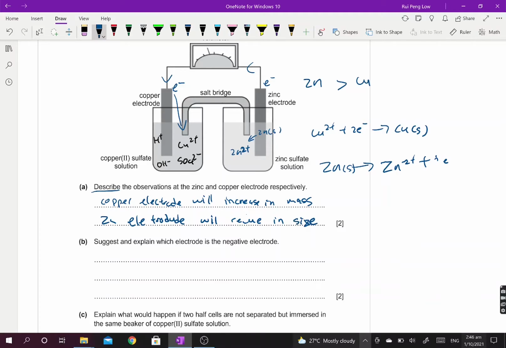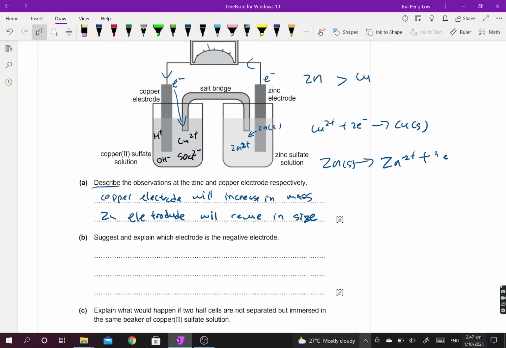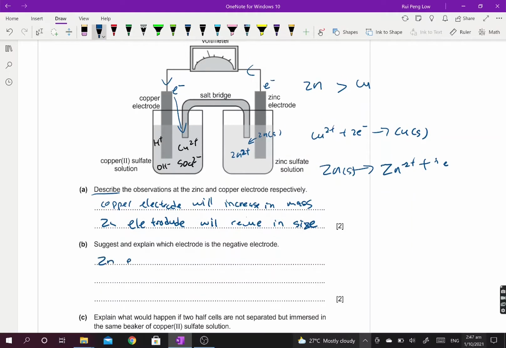Suggest and explain which electrode is the negative electrode. The answer is the zinc electrode is negative. Why? Because zinc is being oxidized and releases electrons.